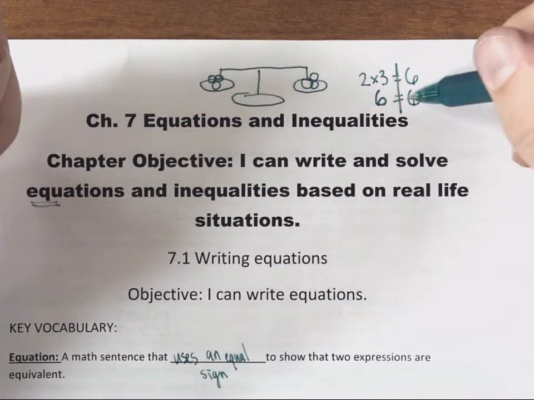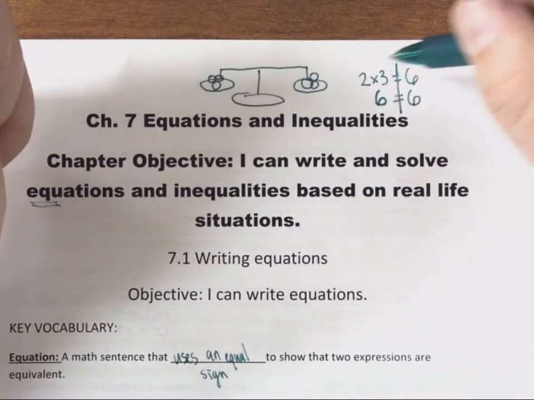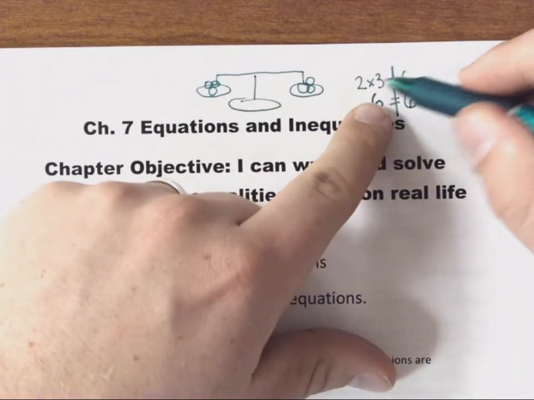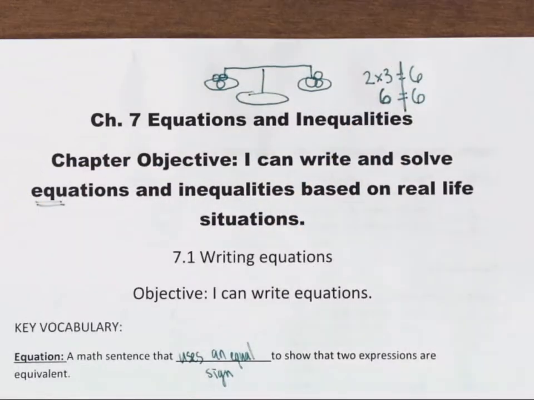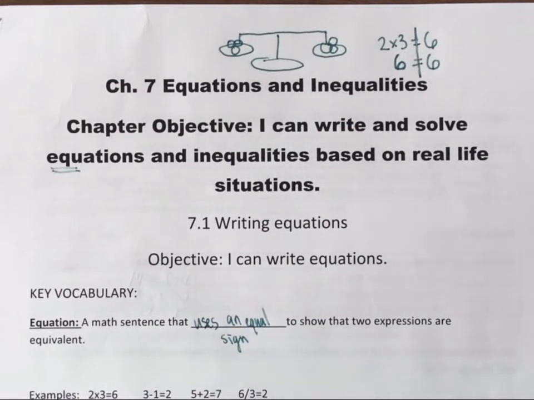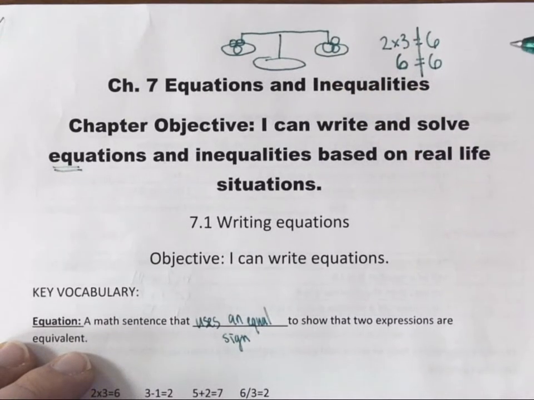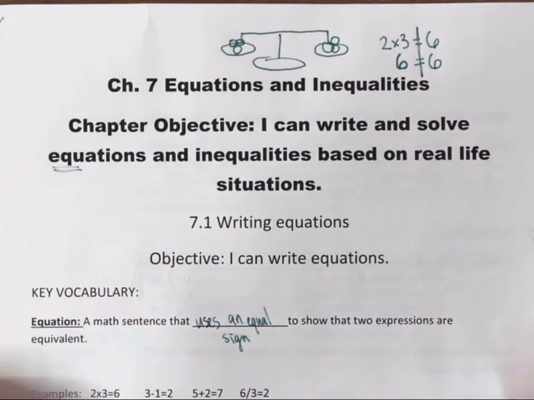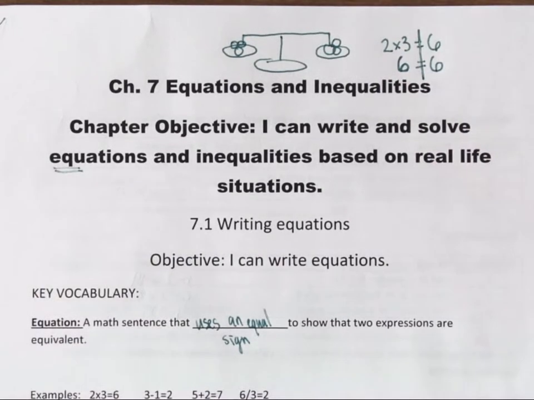Both of these sides are equivalent or equal. That's why this is called an equation, because 2 times 3 is equivalent to 6. In this chapter, we're going to be talking about equations and inequalities, and I want you to keep in mind this idea of a scale, and that with an equation we're trying to keep both sides balanced or level.